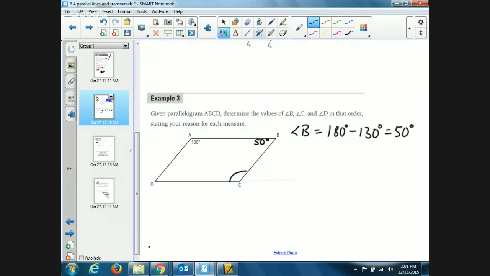And angle C also has to add to 180 with that. So that's 130 again. Using the same argument, but with DC as the transversal for these two parallel lines, we know that this is supplementary. Angle D must be 50 degrees because 50 plus 130 at angle C add to 180.